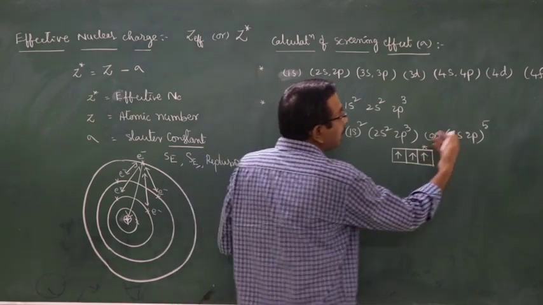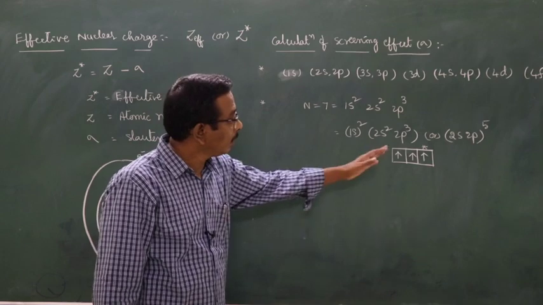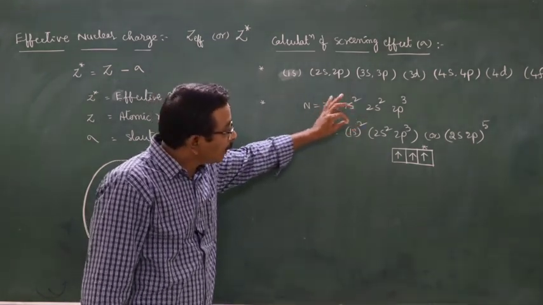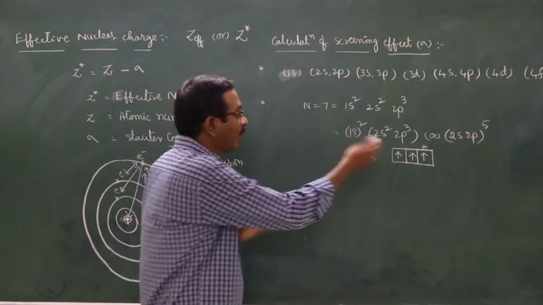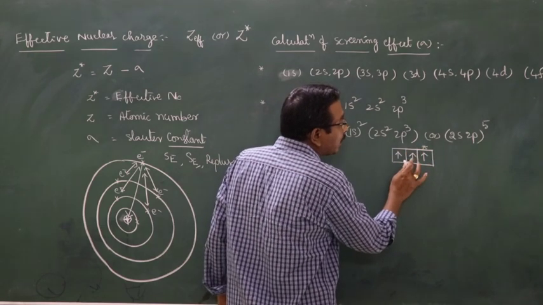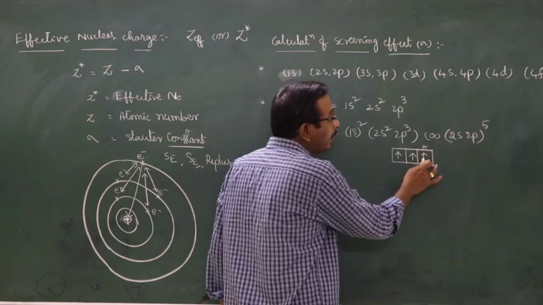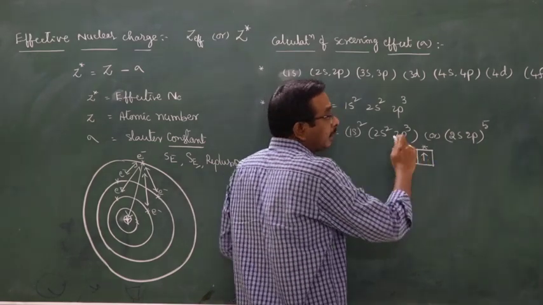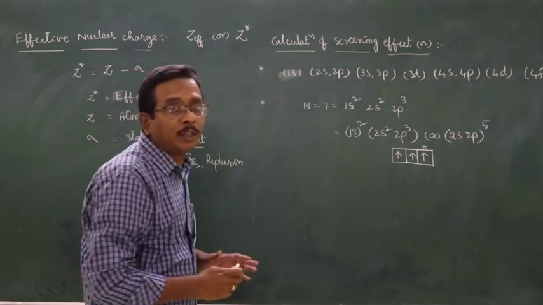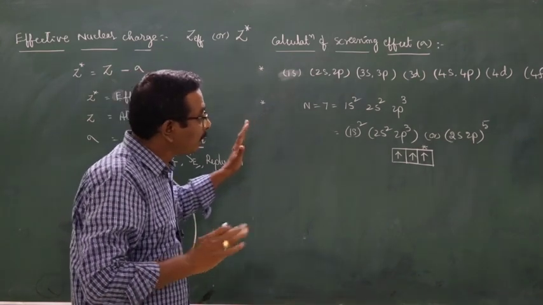Then we have no need to think about the groups that are present on the right side of the electron in which the effective nuclear charge is calculated. In another case I would like to calculate the effective nuclear charge on this electron. Then we have no need to think about this one. That means whatever electron is present on the right side of the given group should be excluded from the calculation.